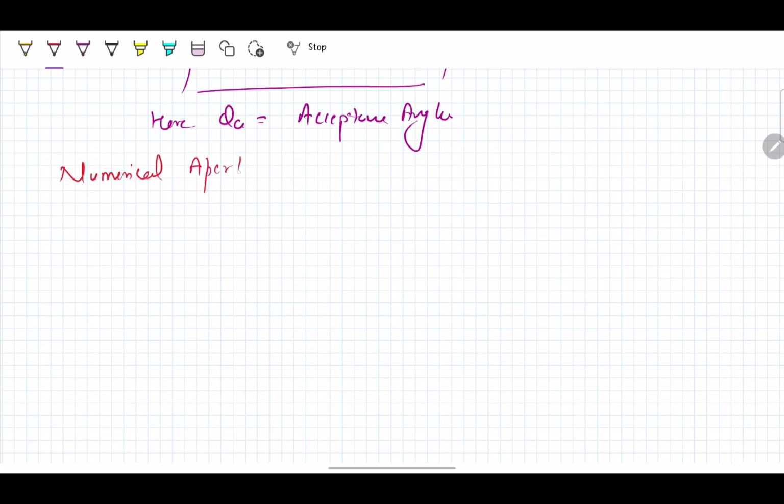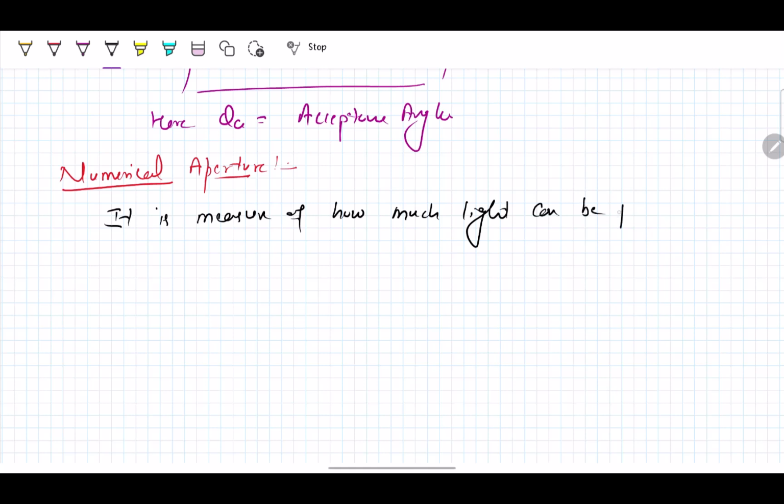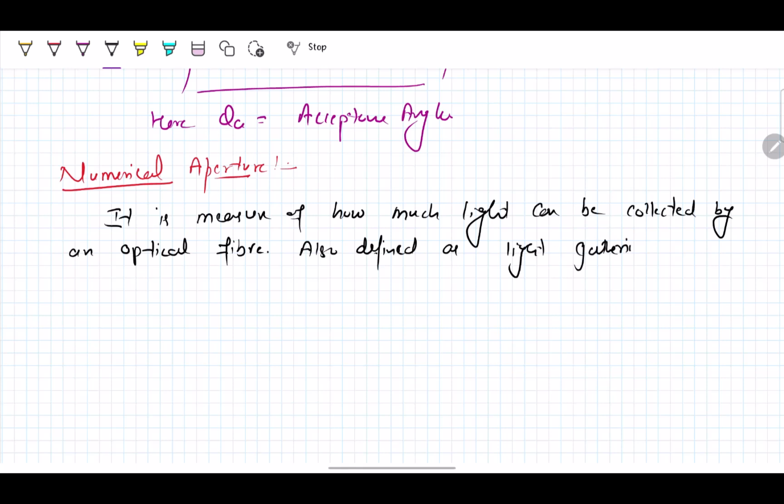Again, numerical aperture is the most important parameter of the optical fiber, and it is a measure of how much light can be collected by an optical fiber, or also defined as the light gathering capability of an optical fiber.